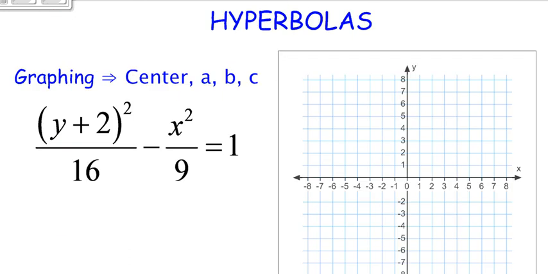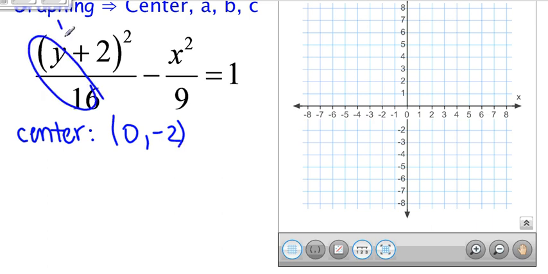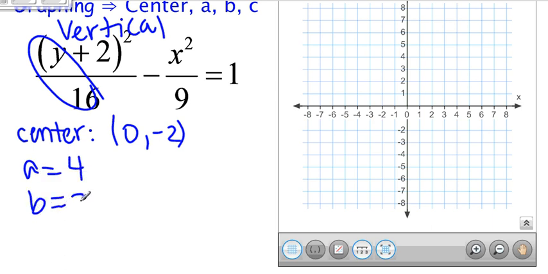So let's look at the graph. So the center here is going to be 0, negative 2. Notice I flip-flopped because my x is on the right side there, which means this is a vertical one because the y is here on the positive side. So our a is 4 and our b is 3.